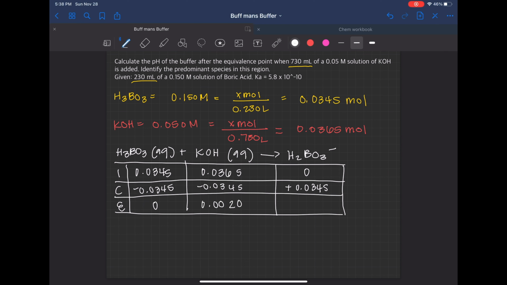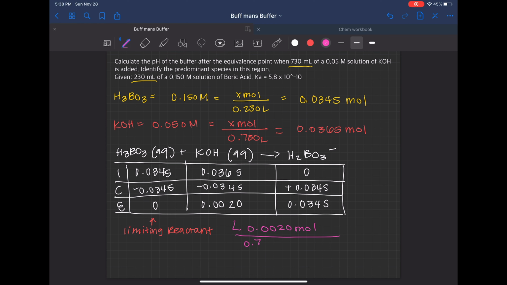And then we're going to subtract the boric acid, which is 0.0345, from the reactant side, and add it to the product side. And then it's going to give us 0 for the boric acid, 0.0020 for the potassium hydroxide, and 0.0345 for the dihydrogen borate. As you can see, the limiting reactant is our boric acid since it was consumed completely in this chemical reaction.